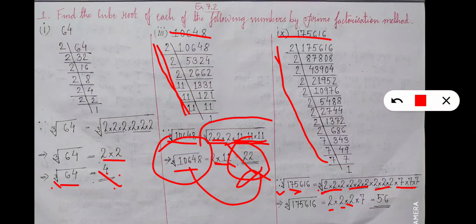Then one triplet of 7, so 7 will come out. By multiplying this, 2 2s are 4, 4 2s are 8, 8 7s are 56. So 56 is the answer. That means the cube root of 1,75,616 is 56 and the cube of 56 is this number. That means if you multiply 56 three times, you will get 1,75,616. Okay, let's move to the next question.